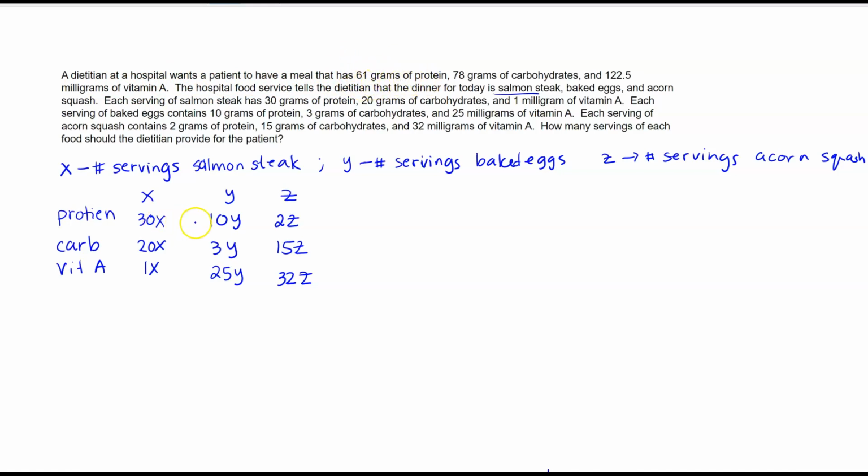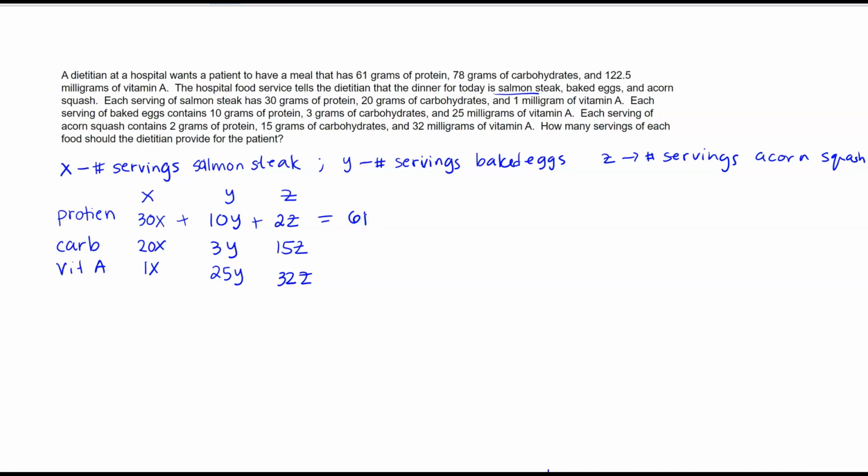So if the meal consists of salmon steak, baked eggs, and acorn squash, to compute the number of portions needed to meet the requirements, we're just going to add this. Adding everything here should give you a total of 61 grams of protein.